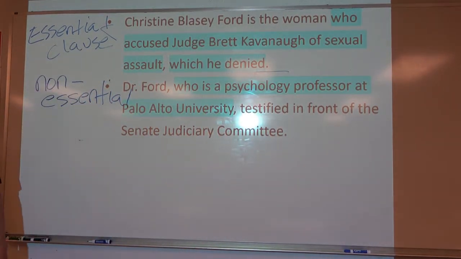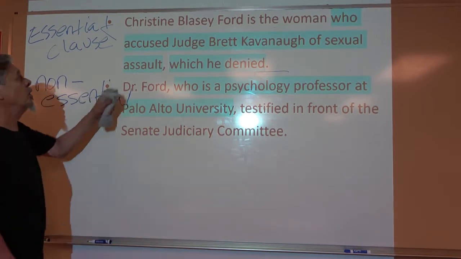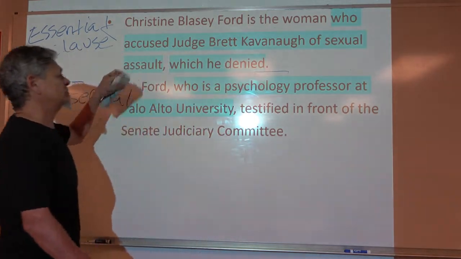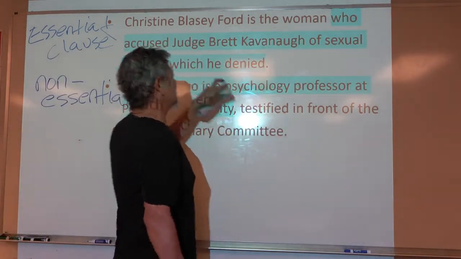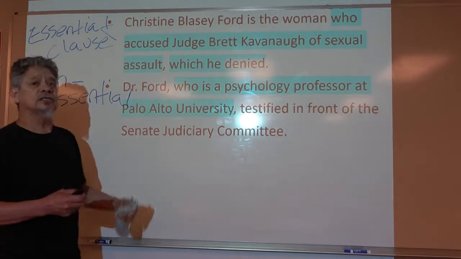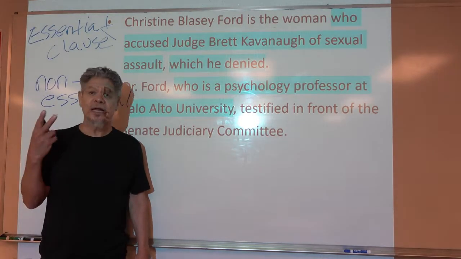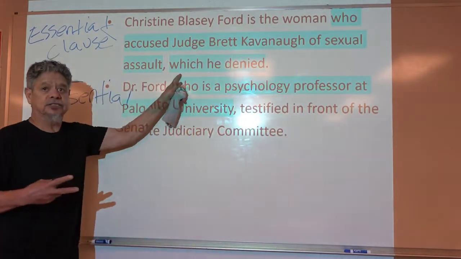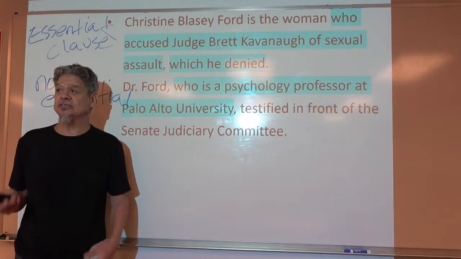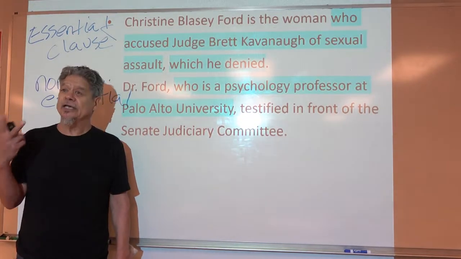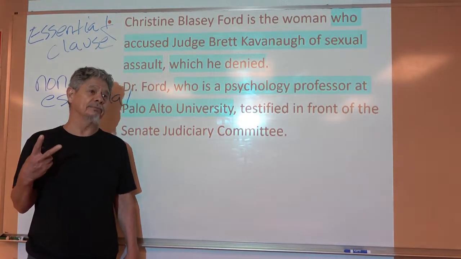Christine Blasey Ford is the woman who accused Judge Brett Kavanaugh of sexual assault, which he denied. This sentence has two relative pronouns, who and which. So this sentence has two relative clauses, two dependent clauses introduced by a relative pronoun.